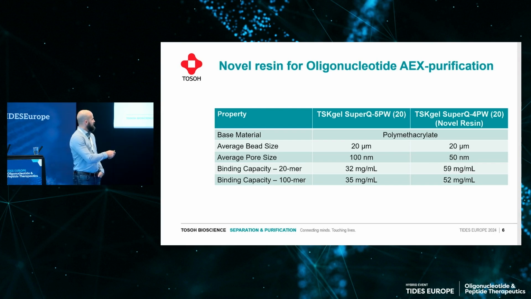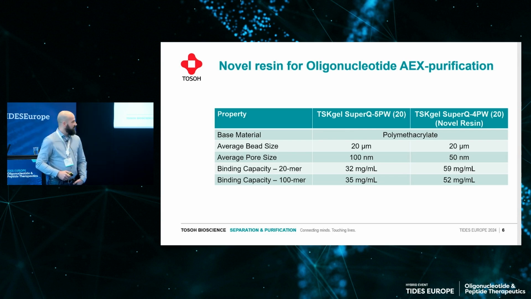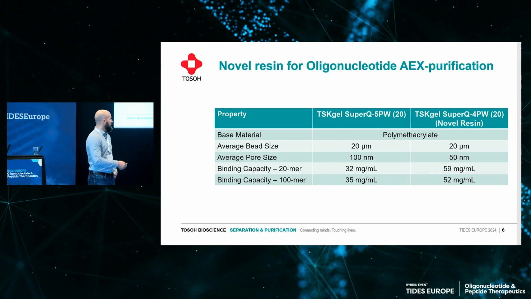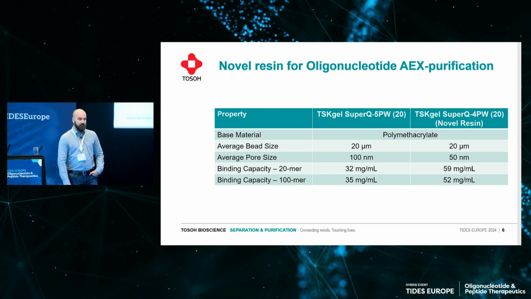So just looking at the specs, so the bead size, it's the same, it's 20 micron, it's also a polymethacrylate backbone, but the big difference is that we tailored the pore size, as oligonucleotides are typically rather small molecules, so we don't need the 100 nanometer pore size, so we decreased the pore size going down to 50 nanometer, and we already see that this has a big impact on the binding capacity.